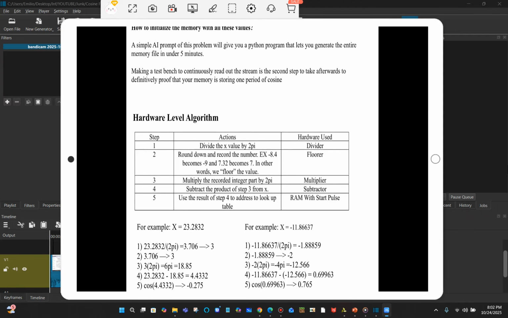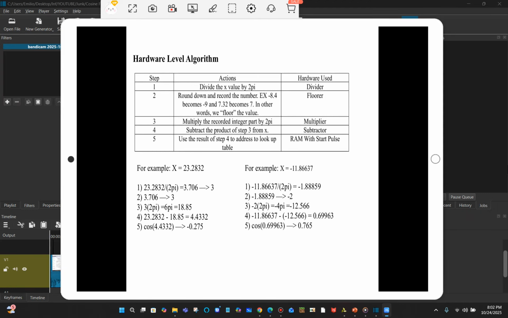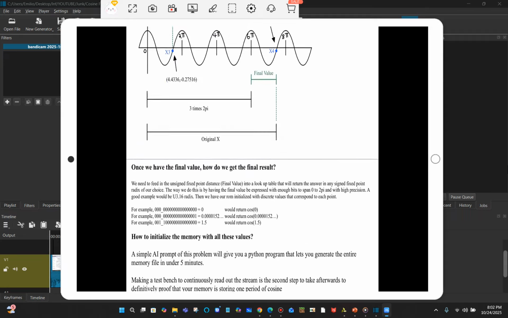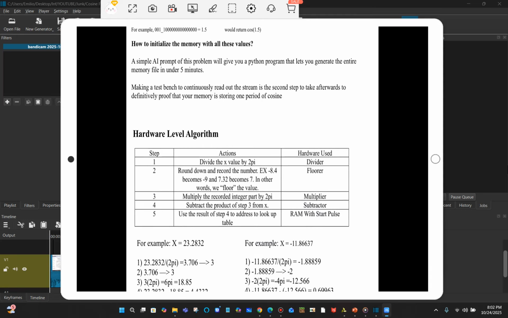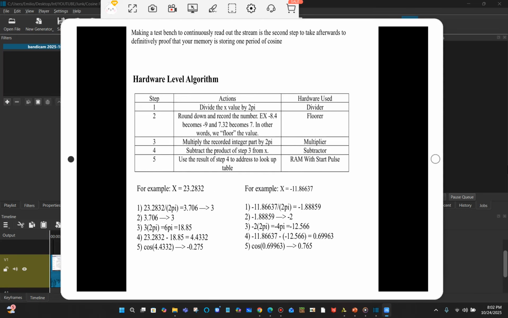So now that we've discussed all of the theory of the logical steps that can be taken in hardware, we can finally summarize the hardware level algorithm. We need a divider, a floor, a multiplier, a subtractor, and a random access memory unit that takes in the start pulse.